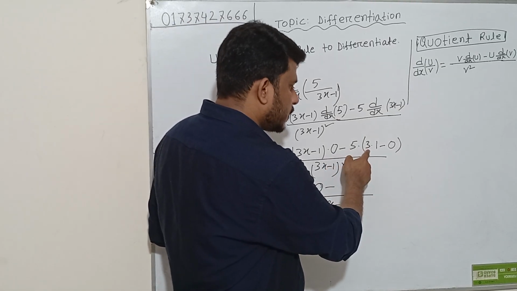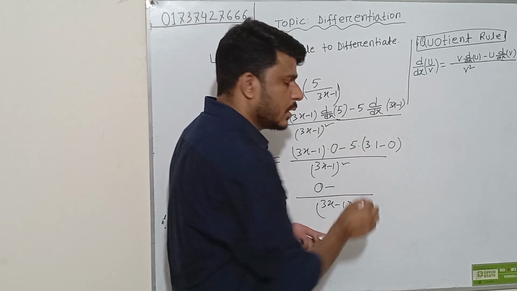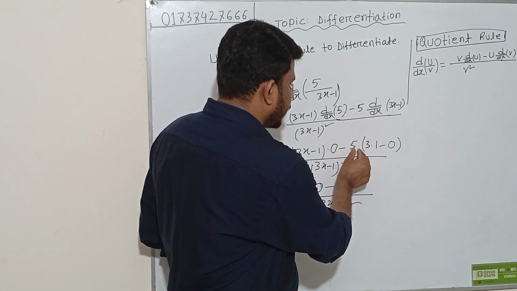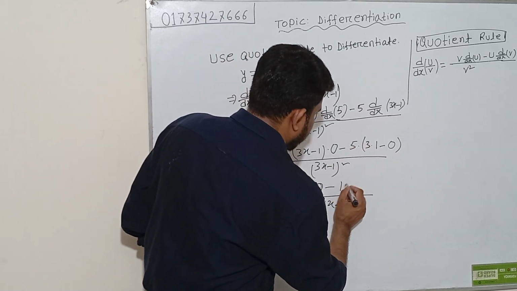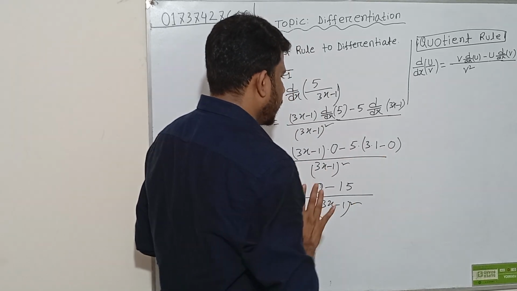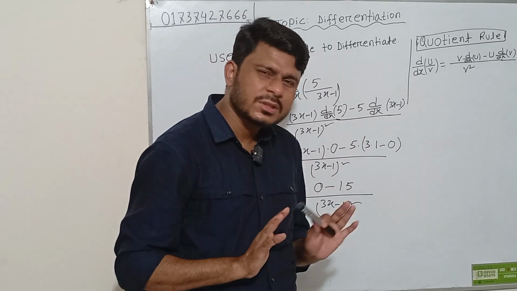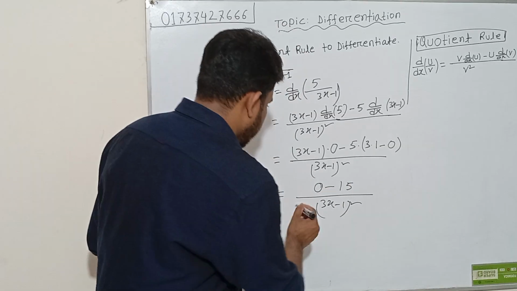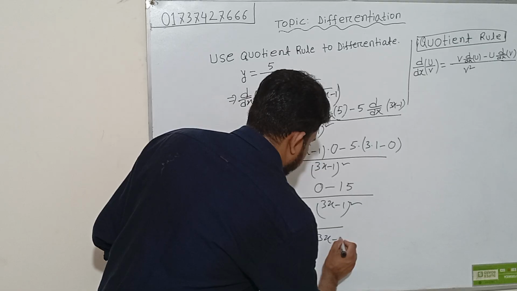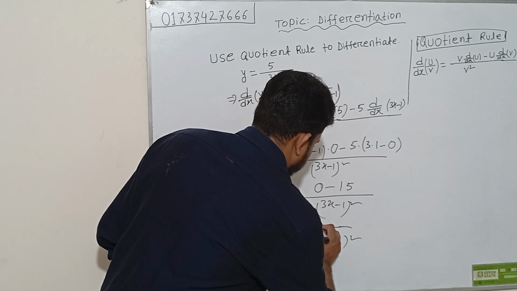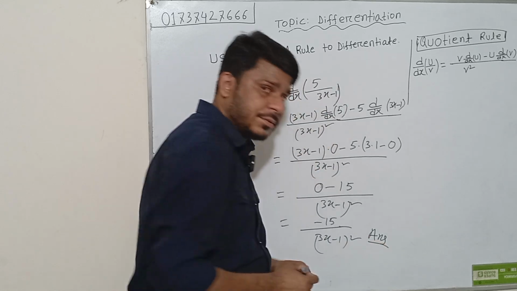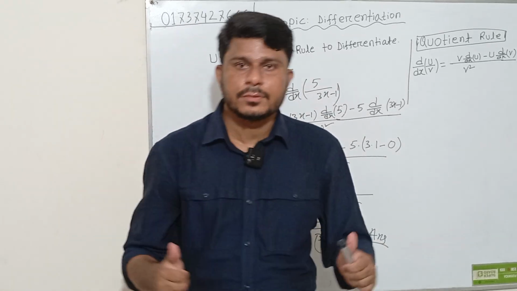The 3 and 1, if you multiply together, it will be 3, and if I multiply 3 with 5, it will be 15, and if I multiply minus 5 with 0, it will be 0. So we don't need to write 0. We can then write 3x minus 1 whole square, and this is minus 15. So this is the result of this math. Thank you very much.